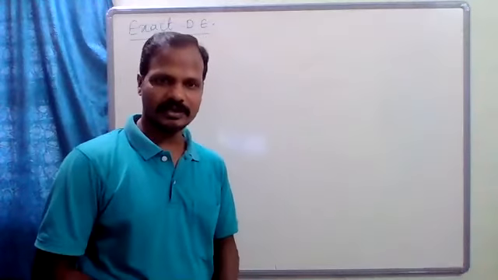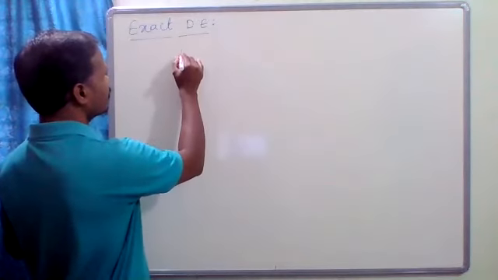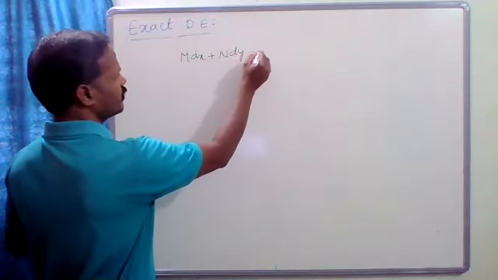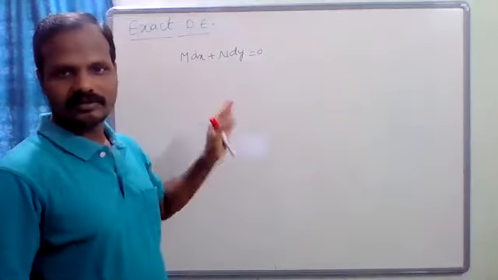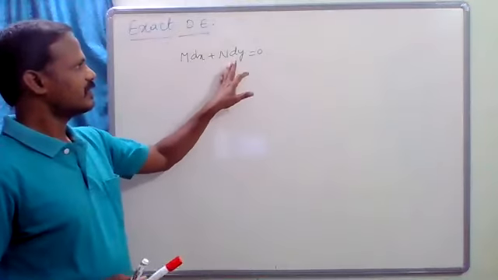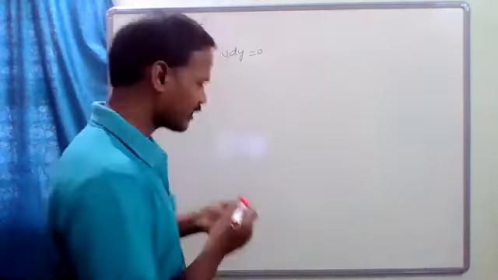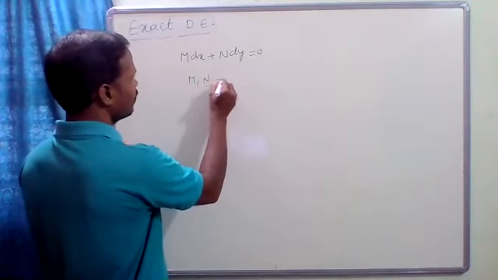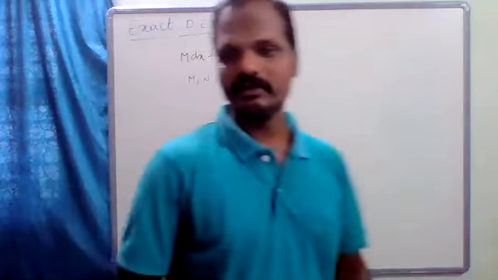So exact differential equation means the given differential equation is of the form M dx plus N dy equal to 0. Every differential equation can be written like this. If any differential equation is given, that can be written as M dx plus N dy equal to 0, where M and N are functions of x and y.